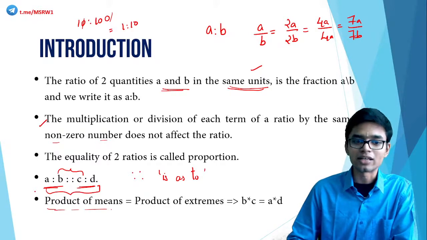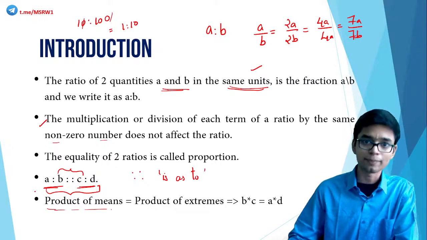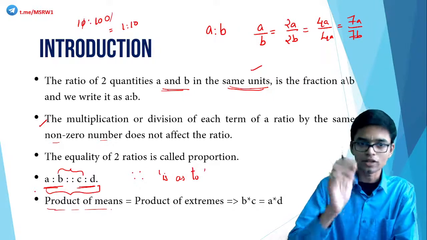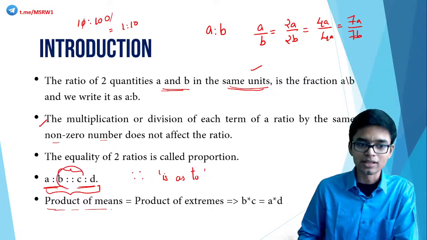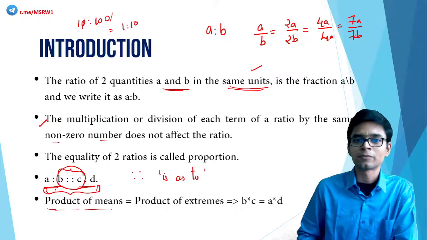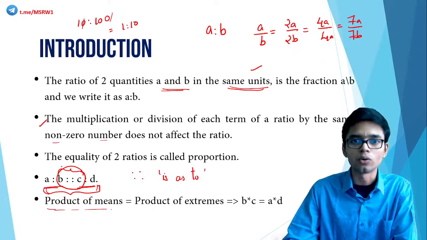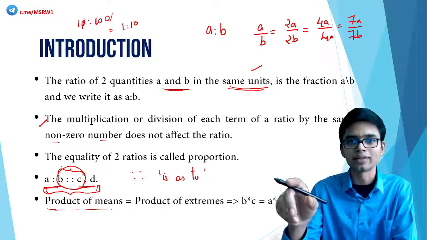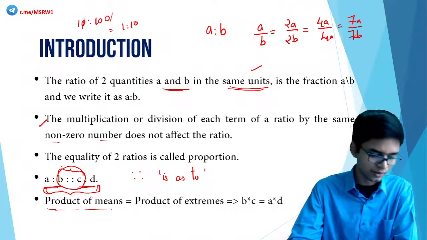So this is known as the equality of two ratios, which is known as proportion. Product of the two middle terms is equal to product of the two extreme terms. This is all you have to know in order to solve the questions today. I will teach you one more thing regarding partnership when we do one specific question on that. At that time, I will explain to you.